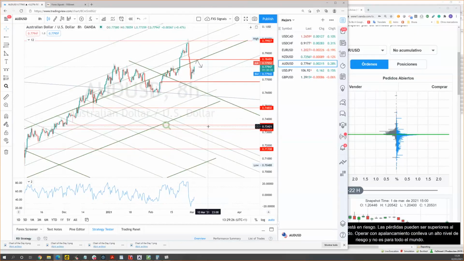So you want a line with a 45-degree inclination, because if we go now here from the 8 hour down to the 15-minute, those lines will appear much more flat on the chart.